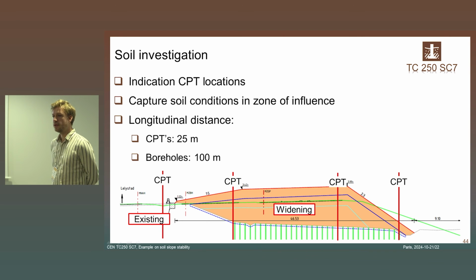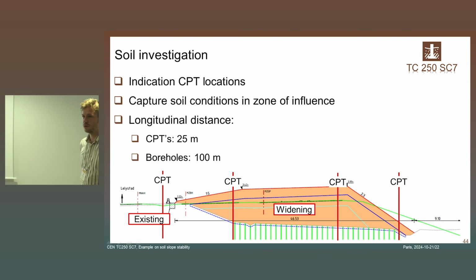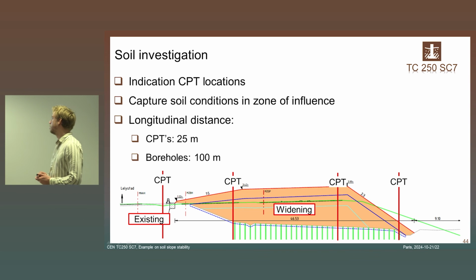I think most importantly, to capture the zone of influence, not only the left part just at the bottom of the slope is important to know, but more importantly the right side of the slope, because that part hasn't been preloaded before, most of the soft soils, so for settlement and stability assessments, that's the most important part. Well, as you can see, a lot of soil investigation was performed to be able to make a proper design.